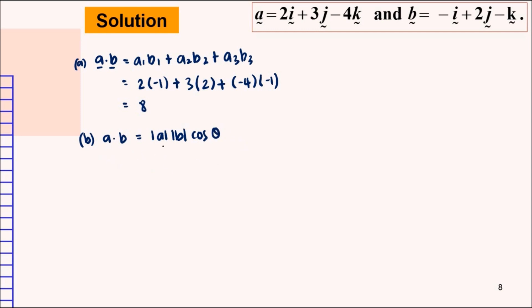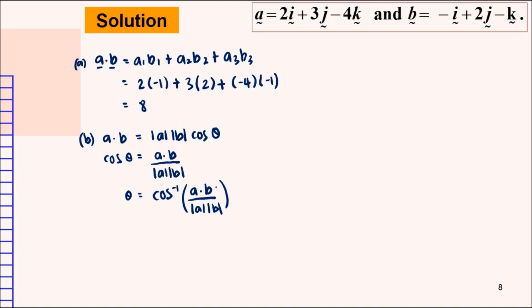From this formula, we can rearrange to get cos theta equals A dot B divided by magnitude A times magnitude B. To get our theta, we can take cos inverse of A dot B divided by magnitude A times magnitude B. So this is the formula for the angle between two vectors.